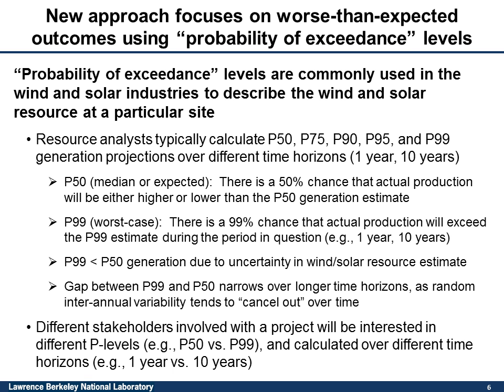Meanwhile, a lender concerned about a potential default will perhaps be most interested in the 1-year P99 estimate, and likewise, ratepayers who are unsure about their future plans may have a similarly short-term outlook. So even though resource decisions are often made with a long-term horizon in mind, it is still important to consider these shorter time horizons as well, because they are important to a variety of stakeholders.